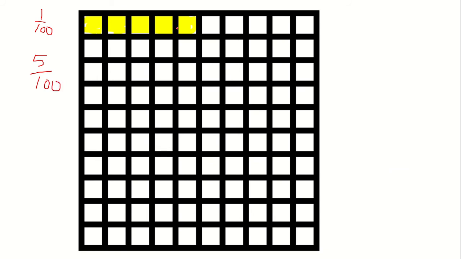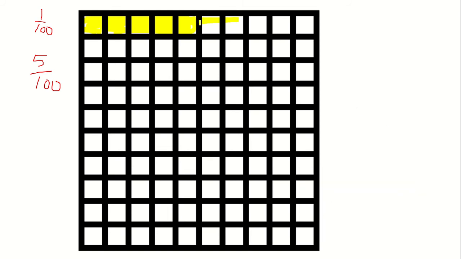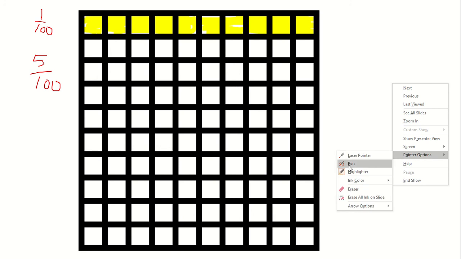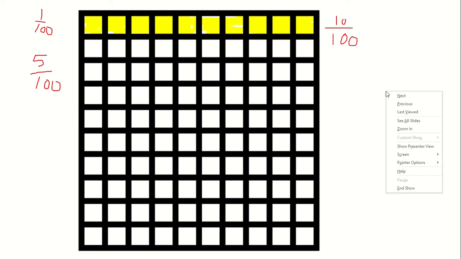And of course, the same thing can be said for if I took a total of 10. So I'm highlighting now 10 total pieces. So by highlighting this many, I can now call this 10 out of 100. So we can use this to show any fraction out of 100.